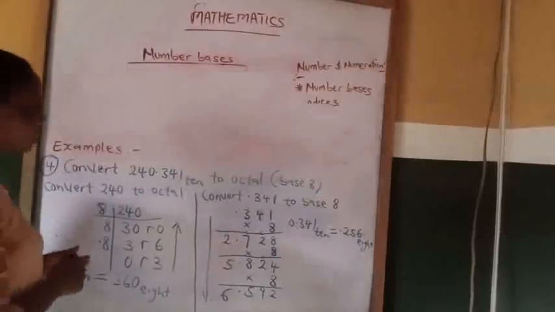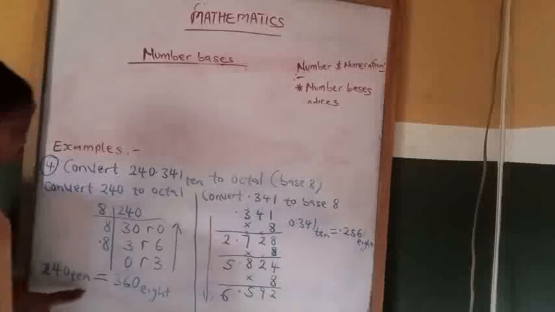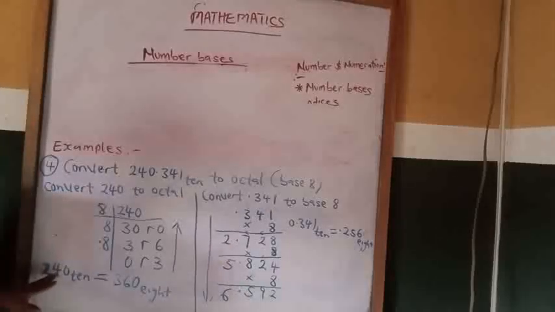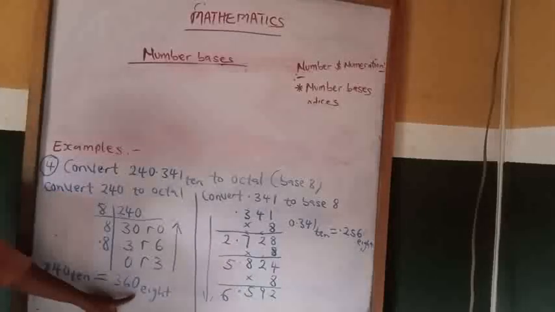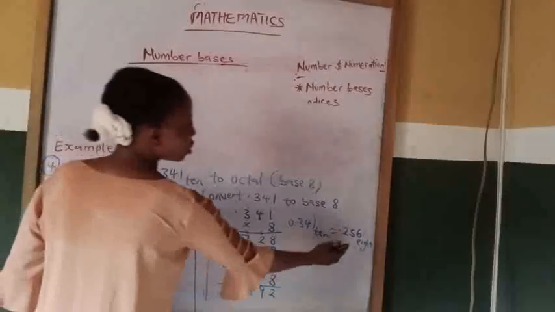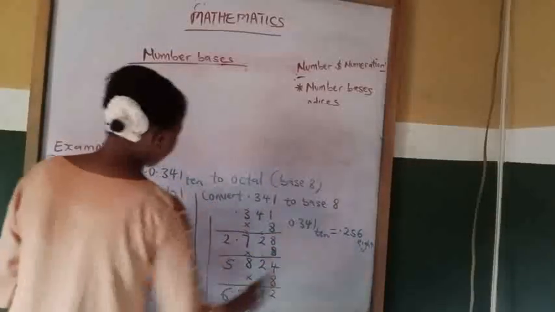We are going to combine the base 8 answer of 240 with the base 8 answer of the decimal number.